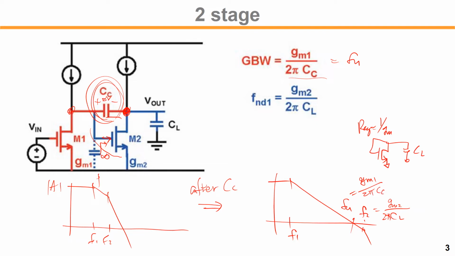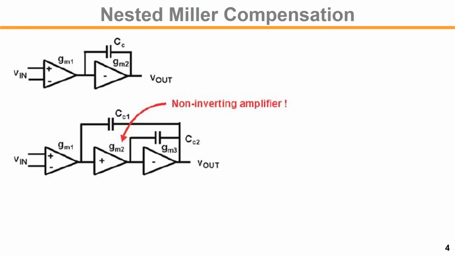Now the question is, if we add one more stage, then what happens? If you recall the two-stage amplifier compensation, the first stage is positive GM and the second stage is negative GM.